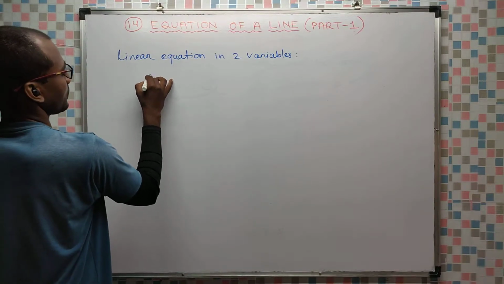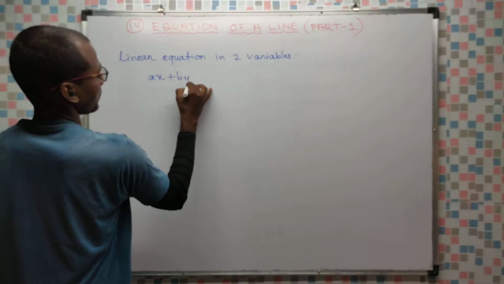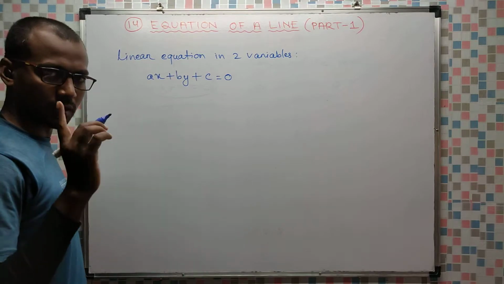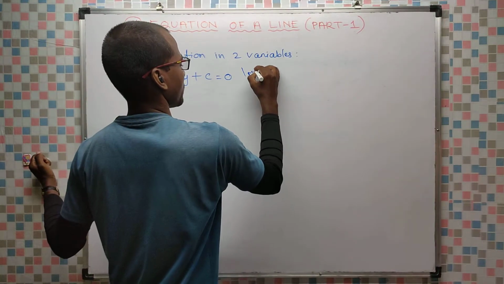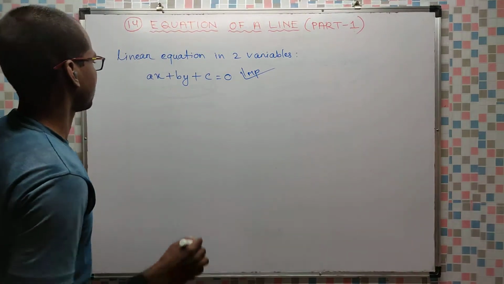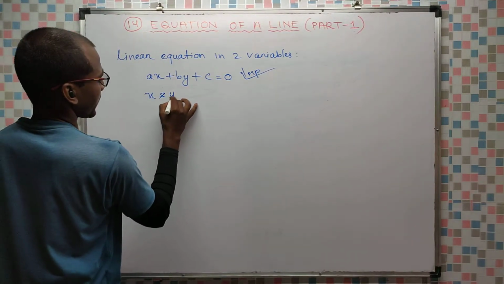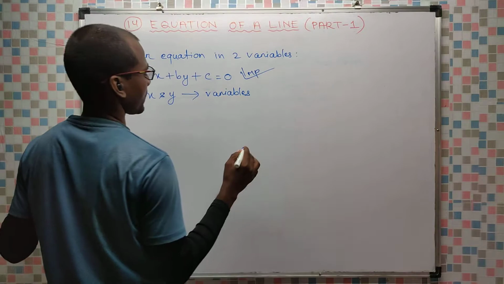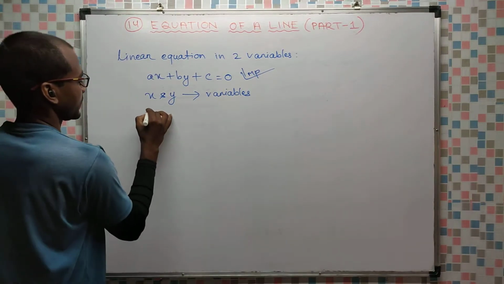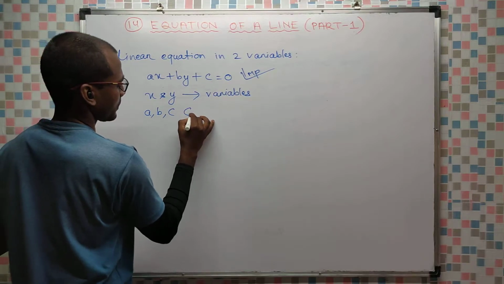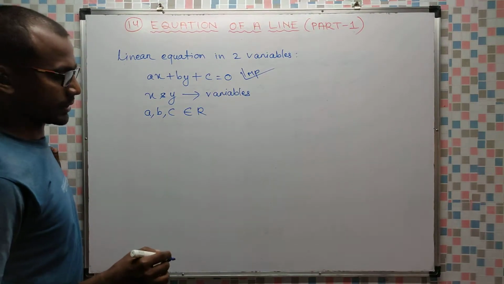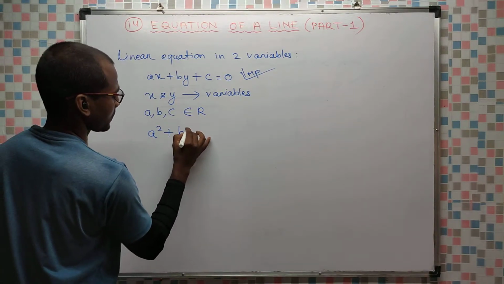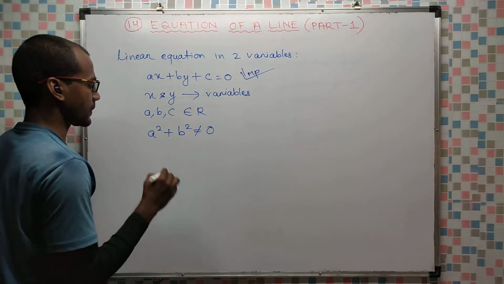The general form is ax plus by plus c is equal to 0. I have given this form in class 9. Here x and y are variables, which means they can take any value. a, b and c are real numbers. And the condition is a square plus b square is not equal to 0.